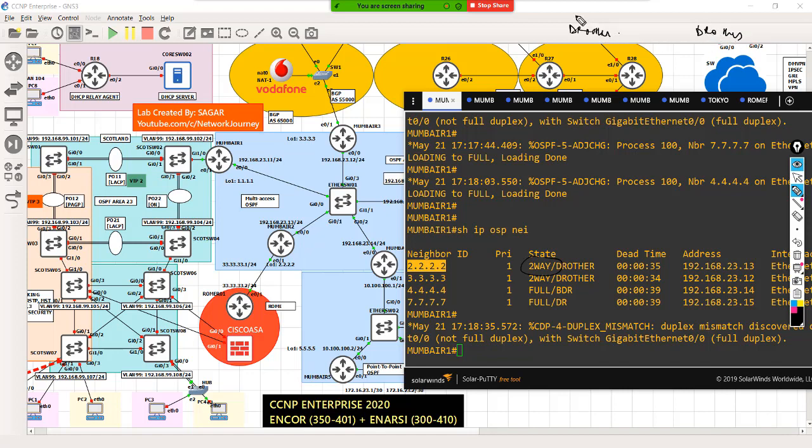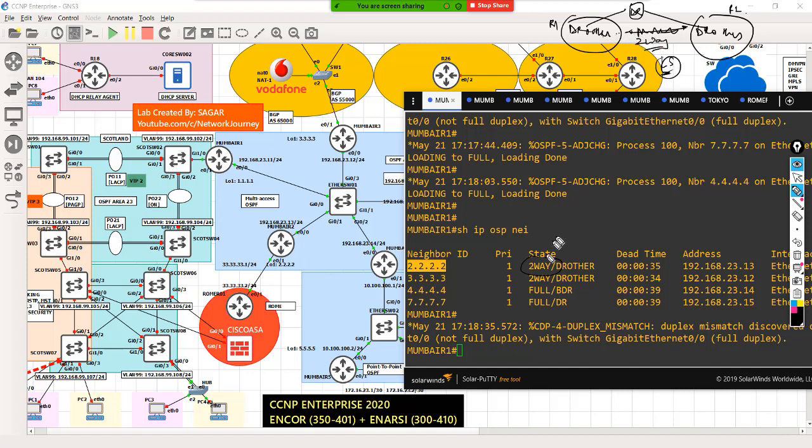Let's say this is R1 and this is R2. Now if they are elected as DR other, they don't need to talk to each other, because R1 is connected to DR and DR is also connected to R1. So you don't need this communication. They can remain in two-way just to avoid the unwanted link state advertisements.